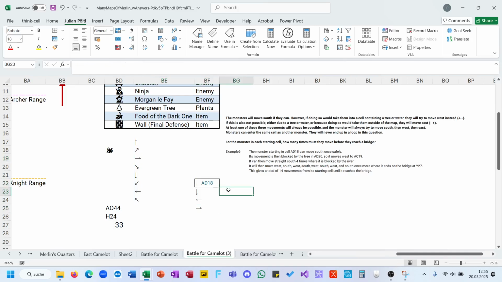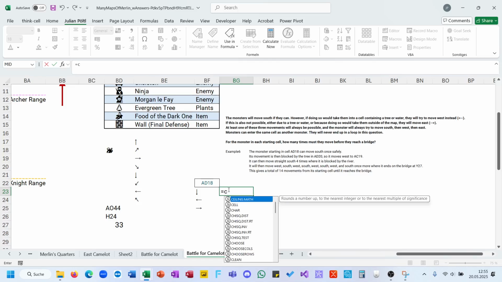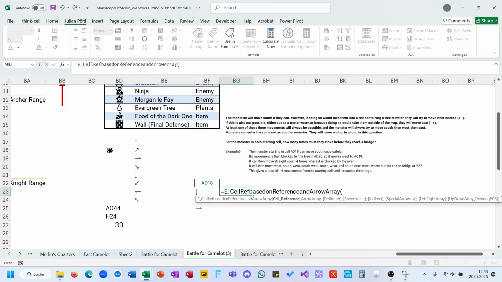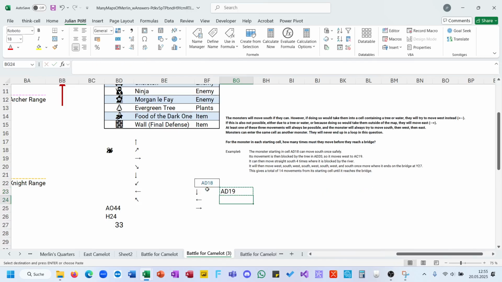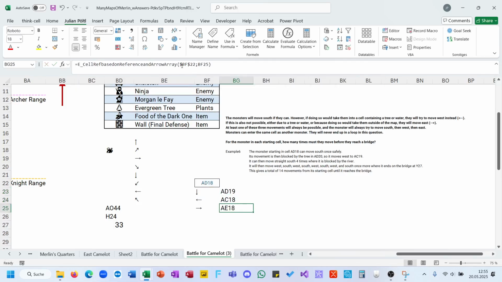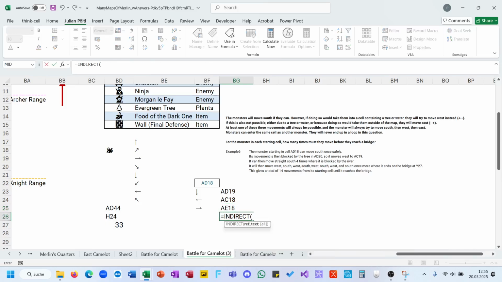Okay, cell ref based on reference and arrow array. This is the starting cell, this is the arrow. And now I want to have indirect.